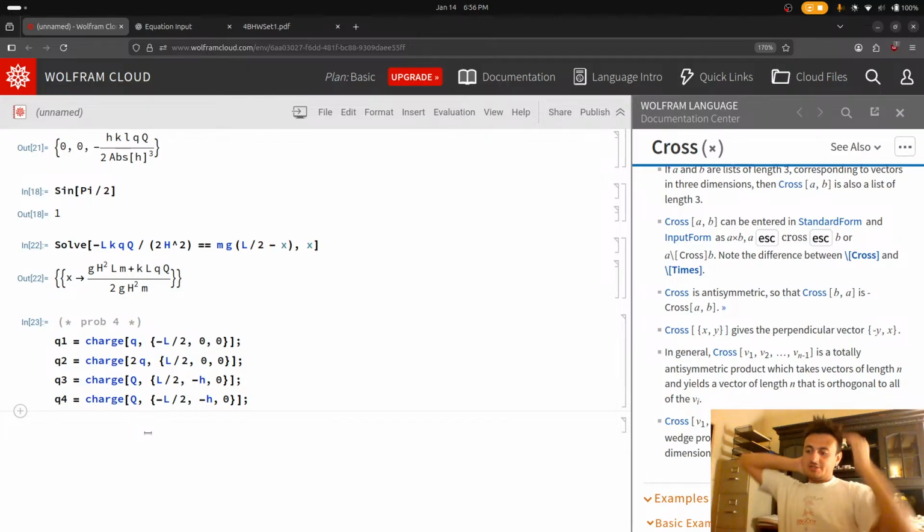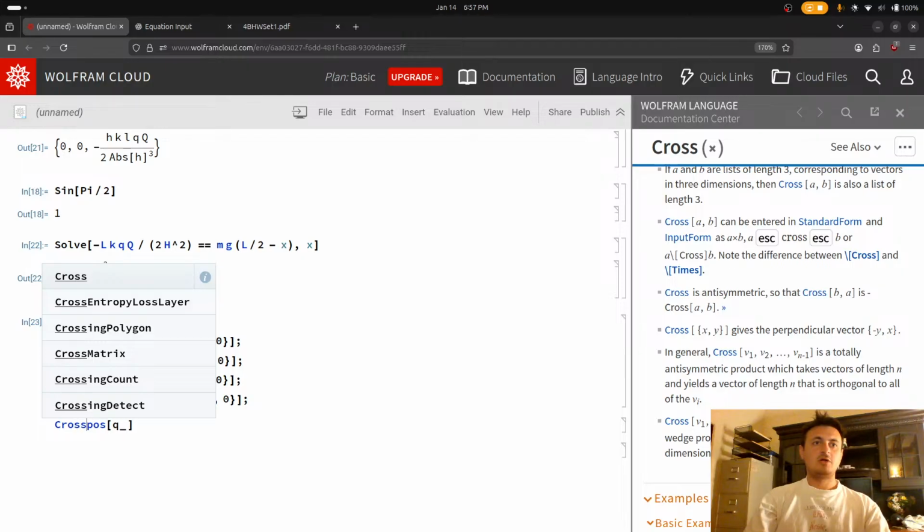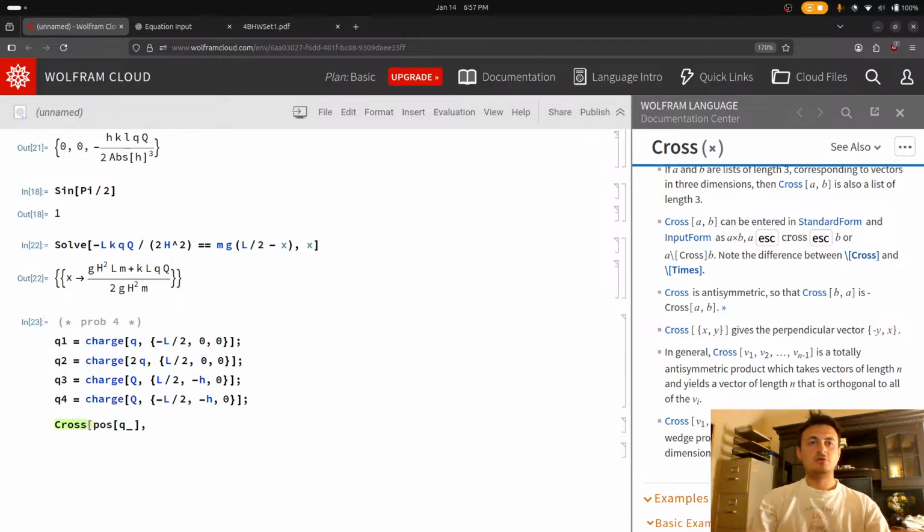And then what we want to do, I mean, really, it's just going to be the position of Q cross a force.